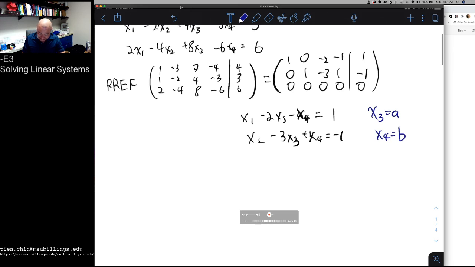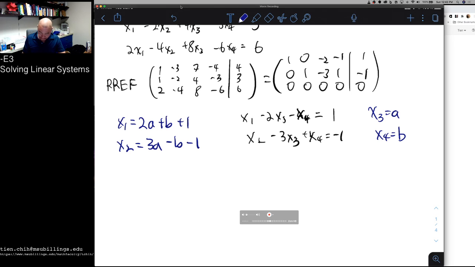If we do that, then we have that x1 must be 2A plus B plus 1, whereas x2 must be 3A minus B minus 1.